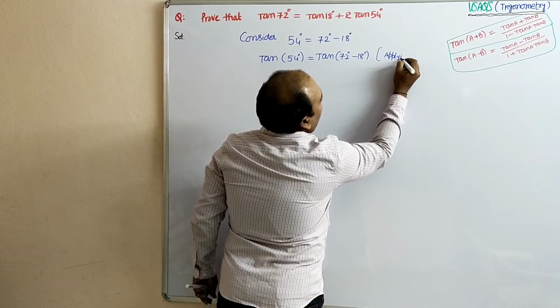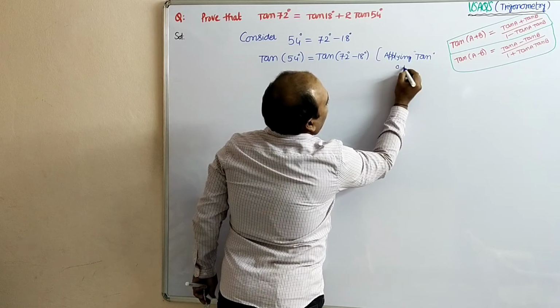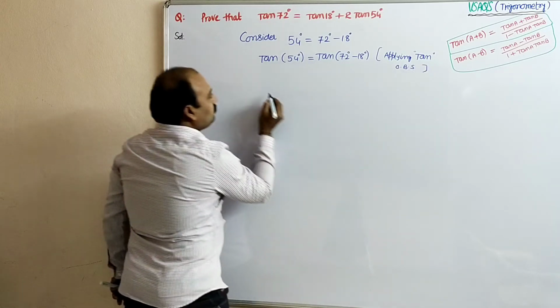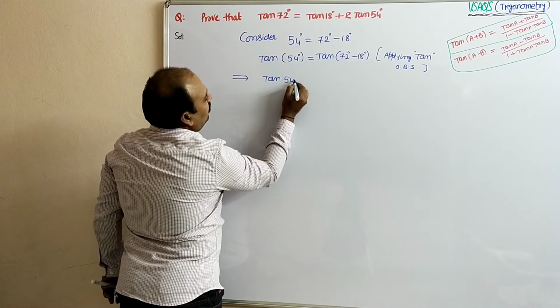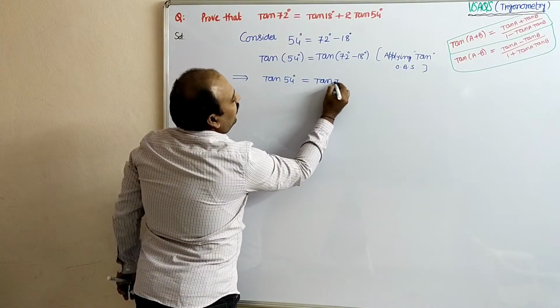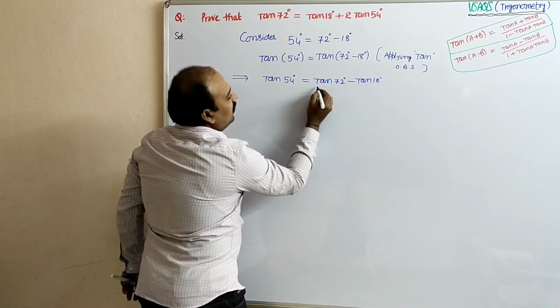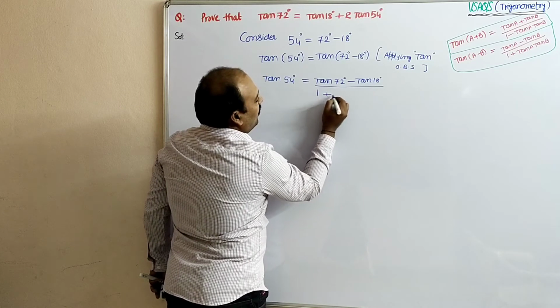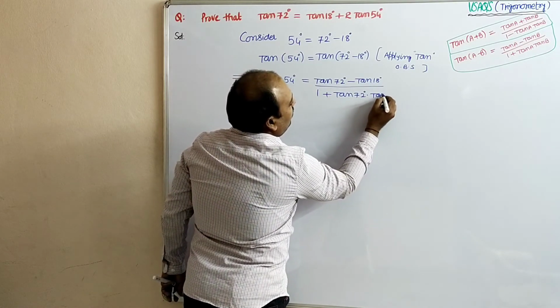So tan 54 degrees is equal to, by the tan of A minus B formula, tan 72 minus tan 18 divided by 1 plus tan 72 into tan 18.